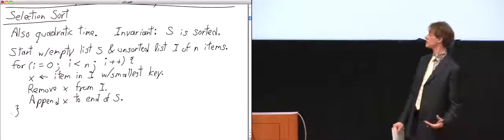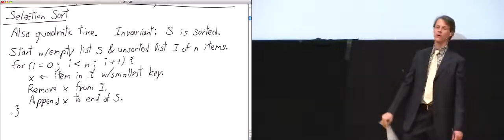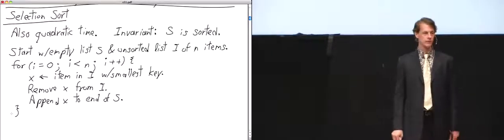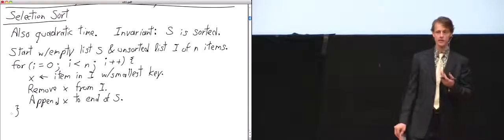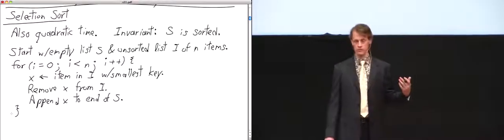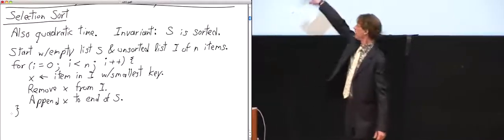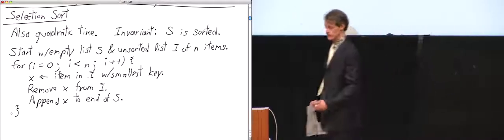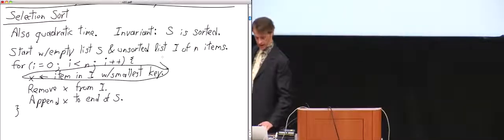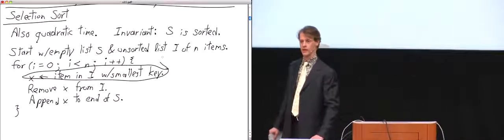So, how long does this take? Well, the slow step is the one where we go through I and find the item with the smallest key. Finding the item with the smallest key in an unsorted list, you have to look through the whole list. You have to check every item because you don't know which one's going to be smallest. So that takes linear time. Every time we do this line, it takes linear time, and if we just keep it as an unsorted list, there's no way around that.